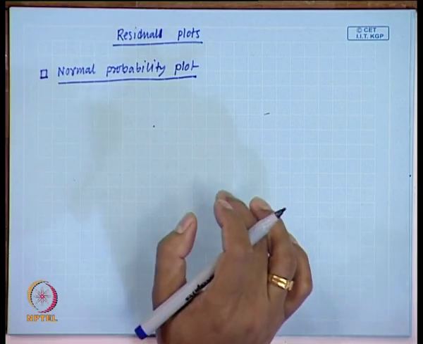So, before I talk about this residual plot, I just want to mention again that the objective of this module is to check the underlying assumption on epsilon, on the error term. Okay. So, we will be talking about different methods to check the underlying assumptions. So, this is one of them.